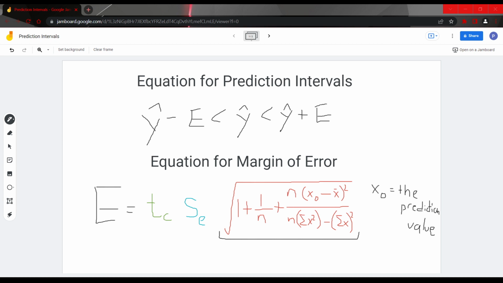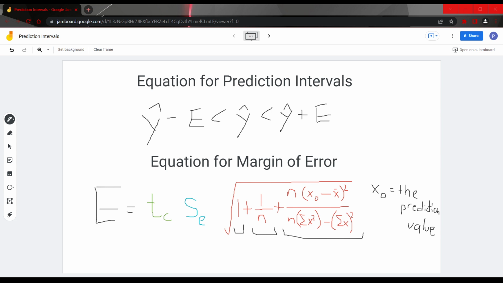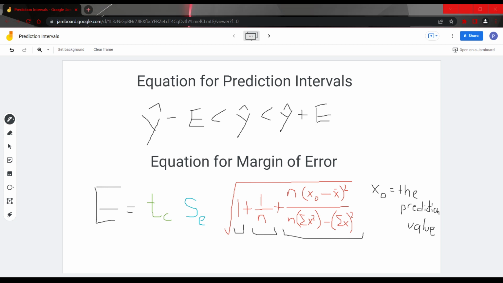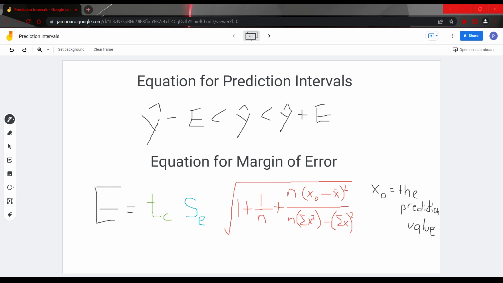I will also show you how to do it through Google Sheets, but it might be more useful to break this up into 3 separate calculations and then add it all up and then square root it. I would recommend against trying to do all 3 of these things at once. It is a lot, and so I would recommend just doing it part by part.